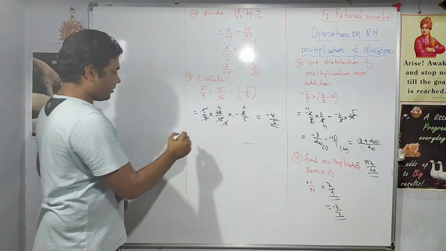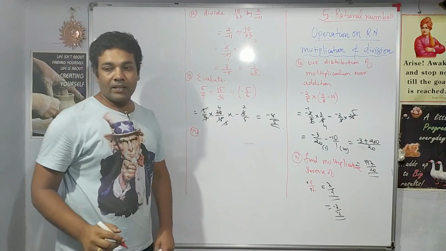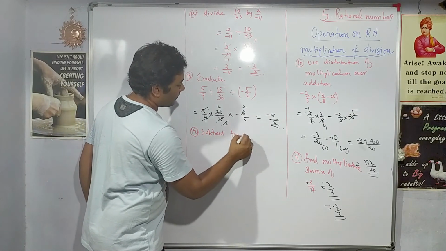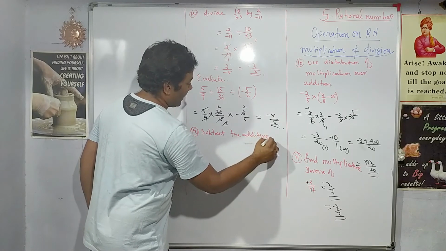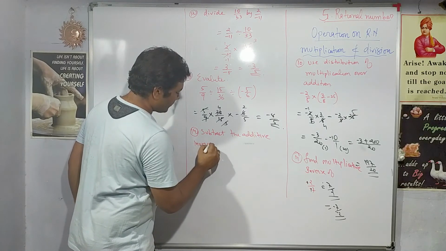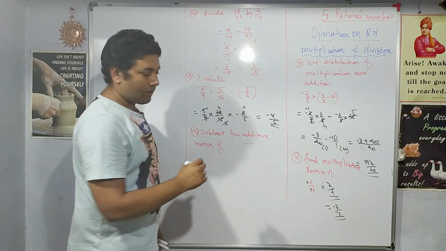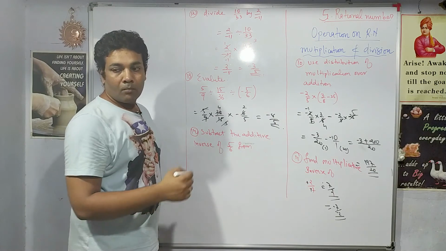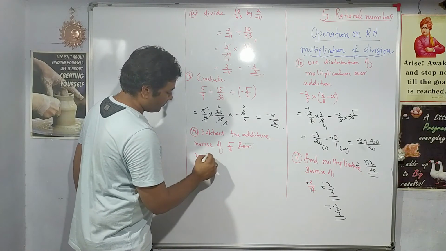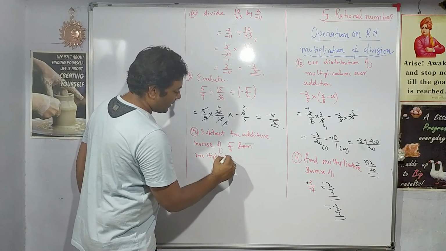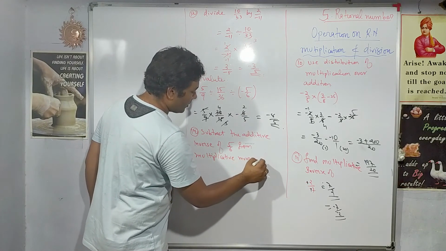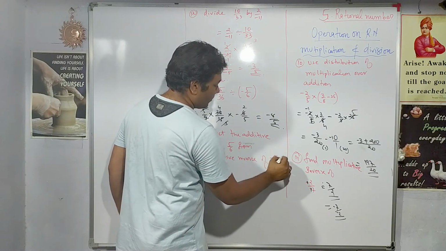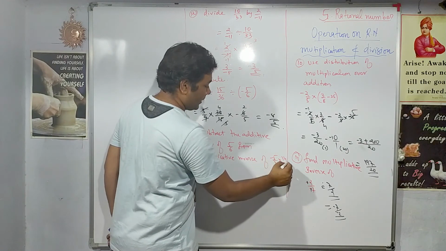Then the last question for this exercise is subtract the additive inverse of 5 by 6 from multiplicative inverse of minus 5 by 7 into 14 by 15.